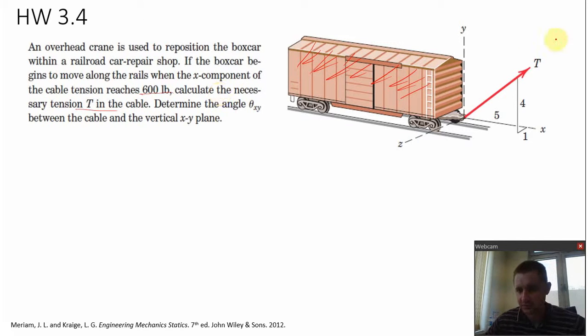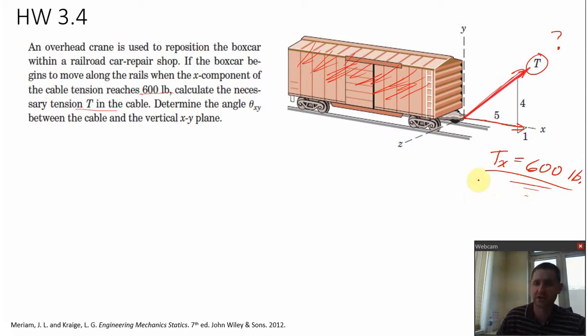We don't know the magnitude of the tension that the crane is actually pulling on this cable with. That's what we're looking for. But we do know that the boxcar begins to move when the X component of the tension vector is 600 pounds.